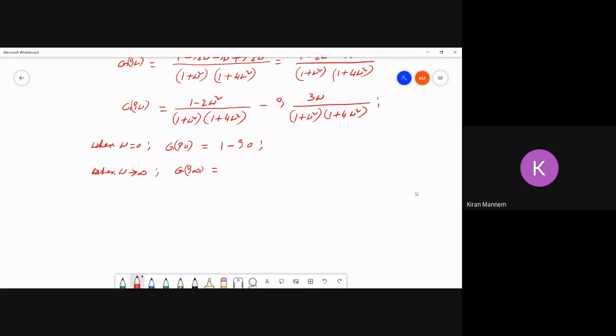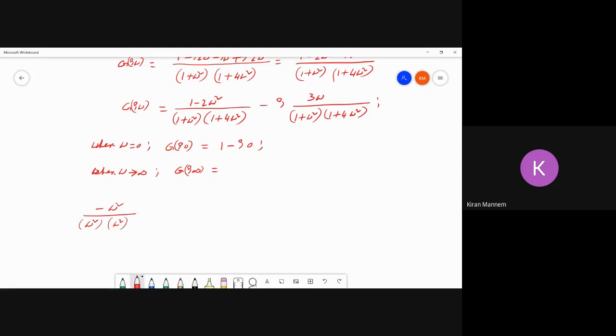Very simple. In the numerator, 1 minus 2 omega square, no? So if the value is large, you will get minus omega square in the numerator, and in the denominator it will be omega square multiplied by omega square, right?